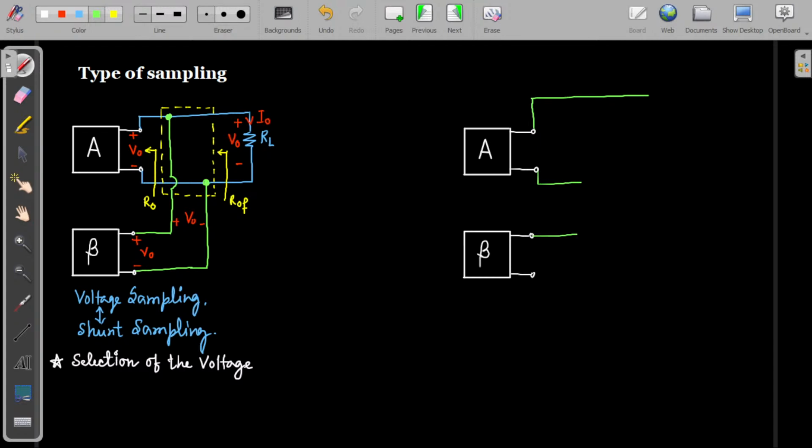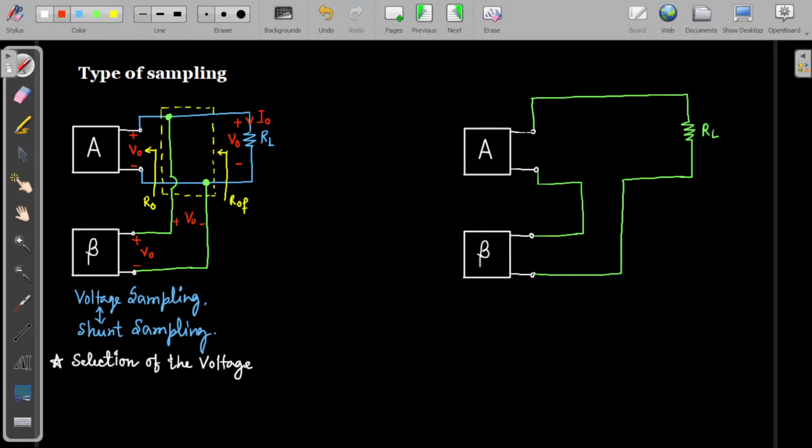So this is the series connection, and here we have to connect a load resistance. So this is the load resistance. Now we are assuming some values.